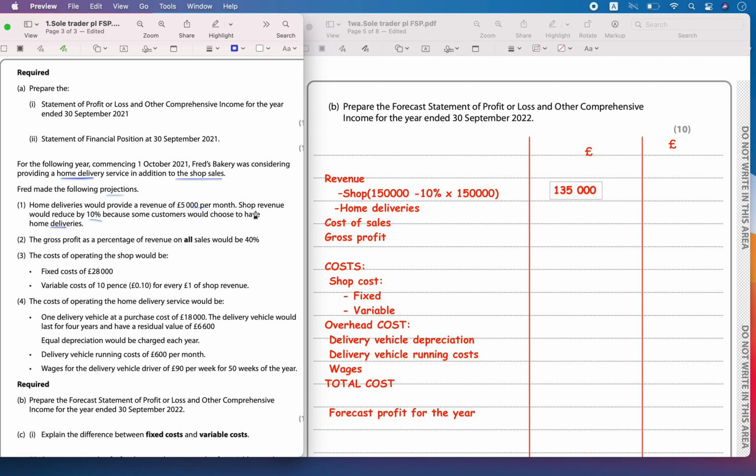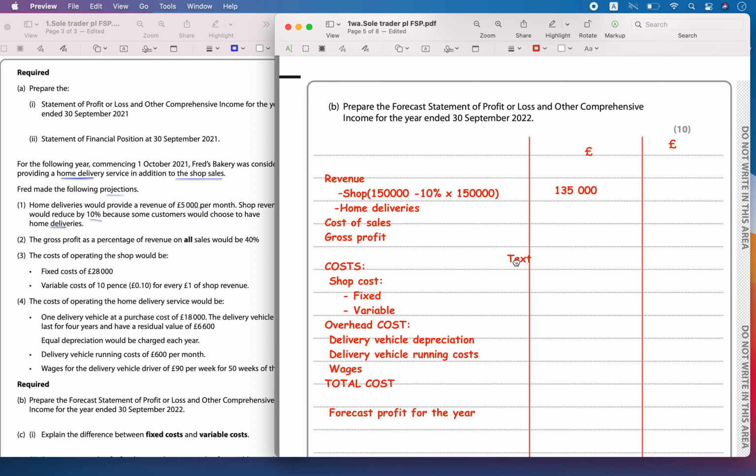Now home deliveries, he's saying 5,000 per month, which means in the entire year it is going to be 5,000 times 12, so it is going to be equal to 60,000. So these are the revenues.